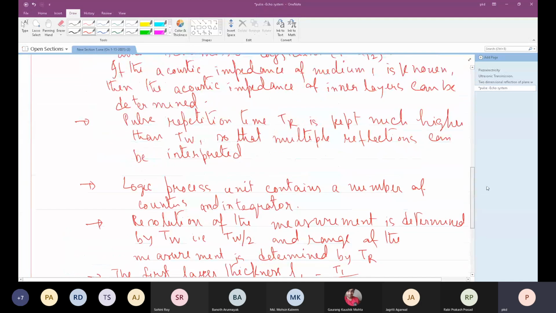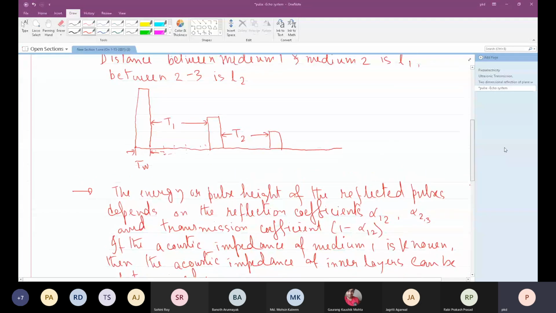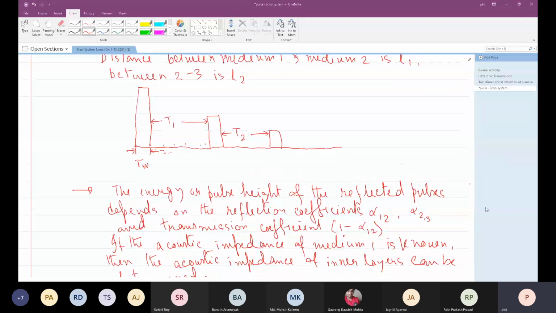What we have shown here is a single pulse measurement system.